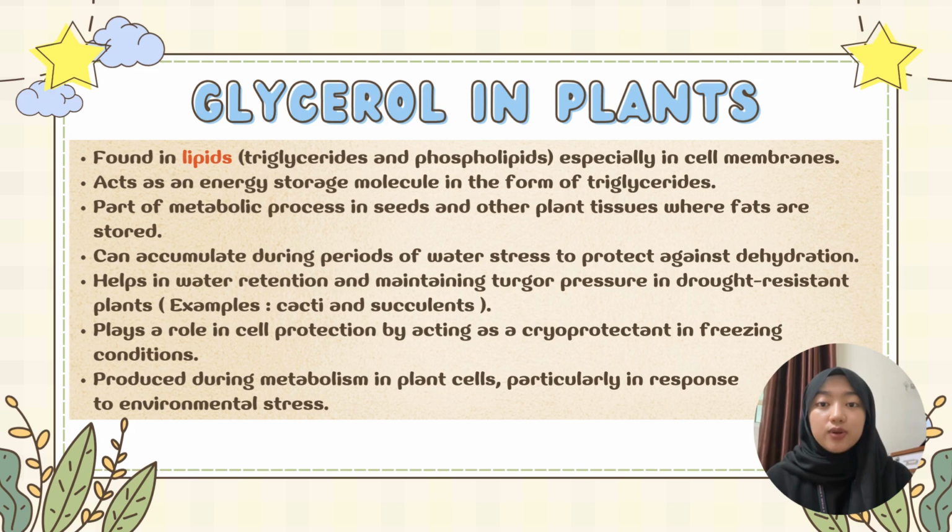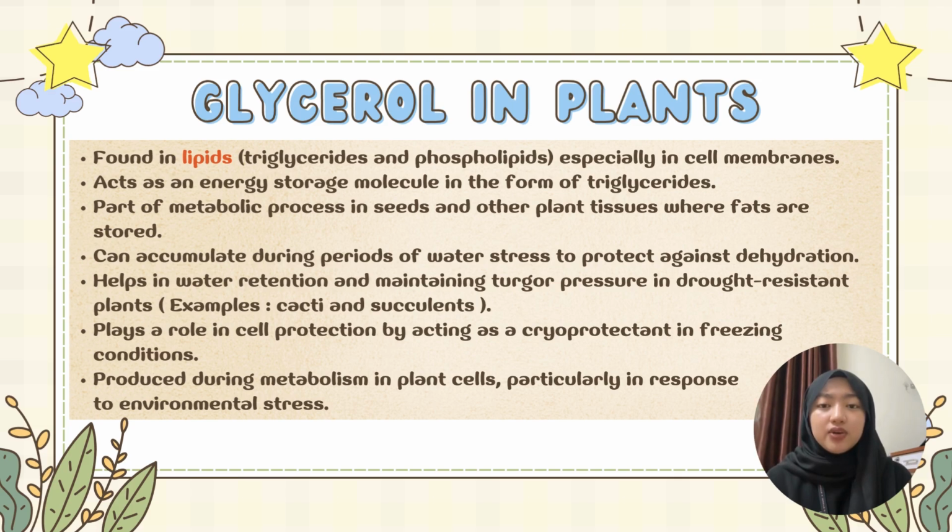In plants, glycerol can be found as a component of lipids, specifically in the form of glycerol esters like triglycerides. It is also a part of the structural components of plant cell membranes and plays a role in energy storage. It is often produced as part of the metabolic process in seeds and other plant tissues where fats are stored. Glycerol can also be produced in small quantities during the process of glycerol metabolism in plant cells.